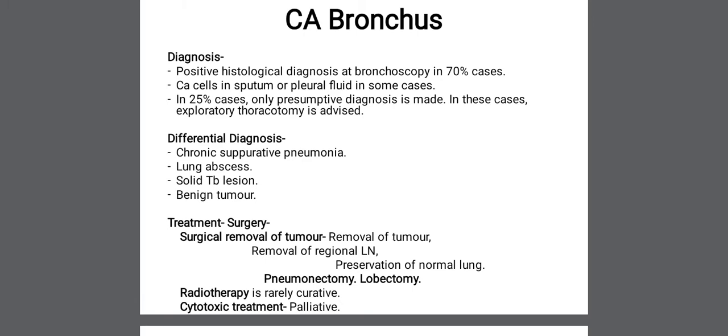The diagnosis of the CA bronchus is a positive histological diagnosis at bronchoscopy in about 70% of cases.